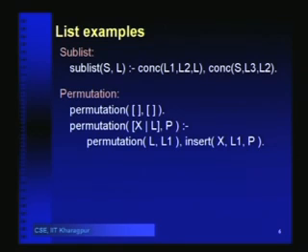The first argument is the list X and the second argument is the permutation P. So we say that this P is a permutation of X bar L provided that L is a permutation of L1.